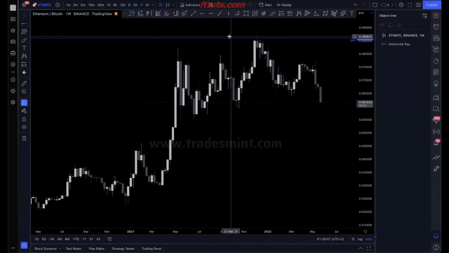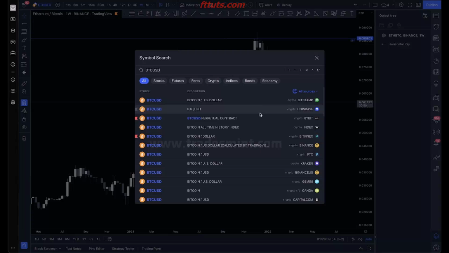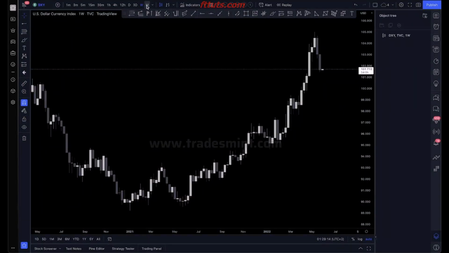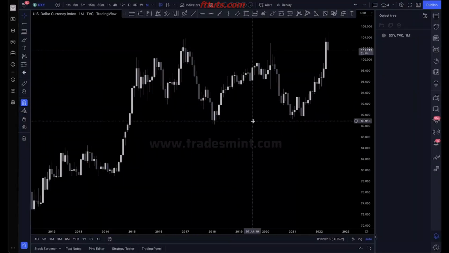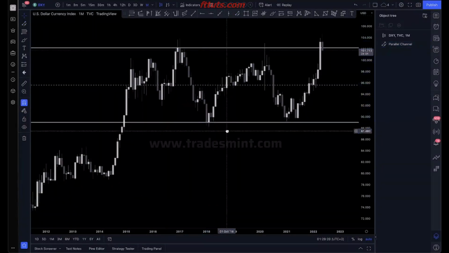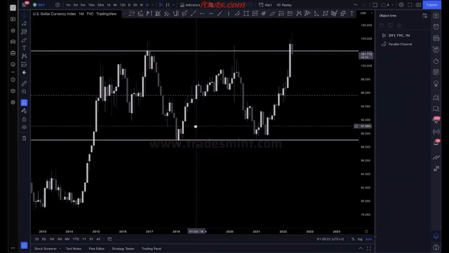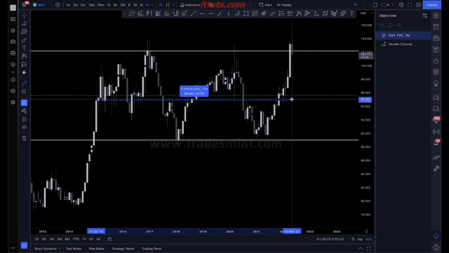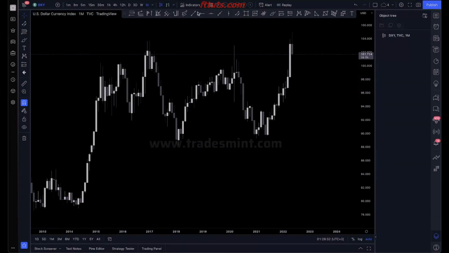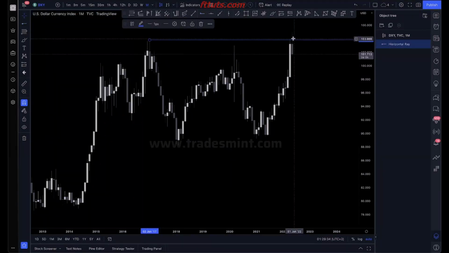Also, another example I can give you is on the DXY right now on the monthly. So you can see we have been in this range or channel for now almost 300 days, 3000 days, and we SFP'd these highs.